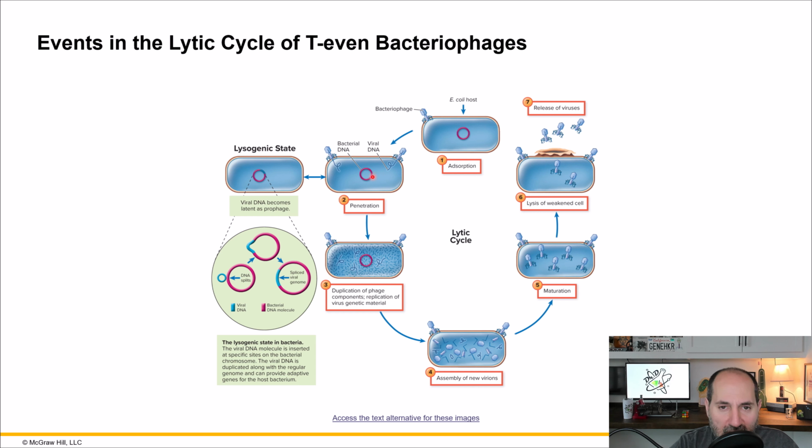Or the other option is something known as the lysogenic state. Remember, where the virus penetrates the bacteria with its DNA. That DNA incorporates itself into the host DNA, forming a prophage, and then this bacteria is able to just grow, and it's kind of like a latent infection where it's a dormant state.